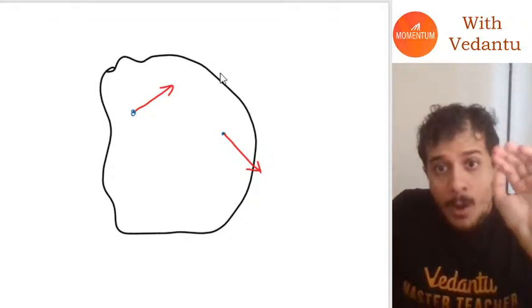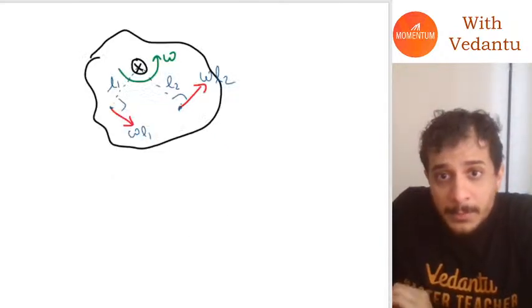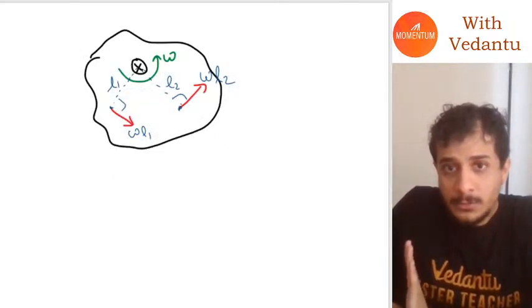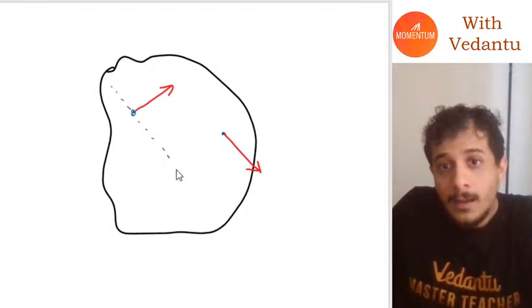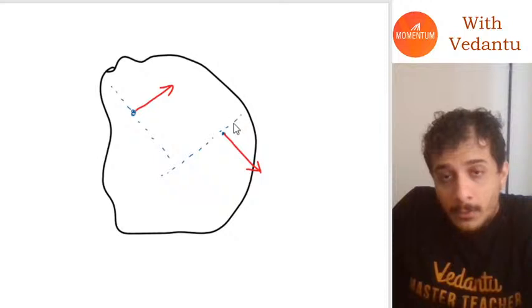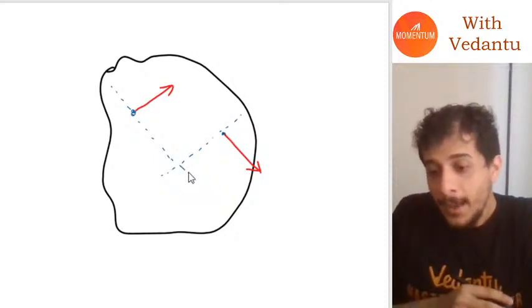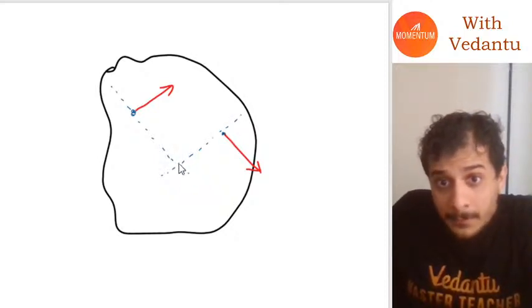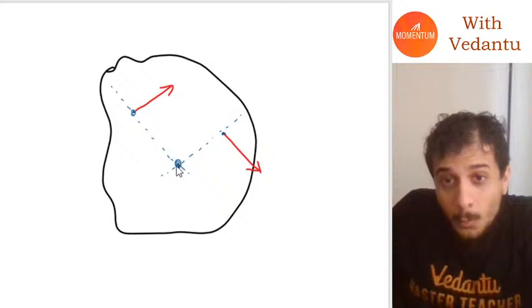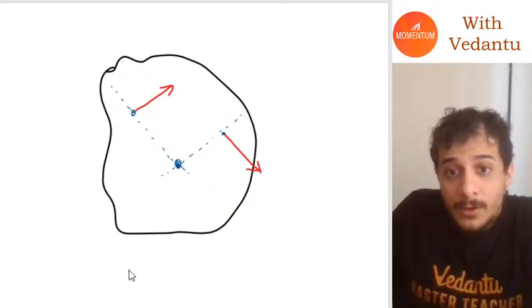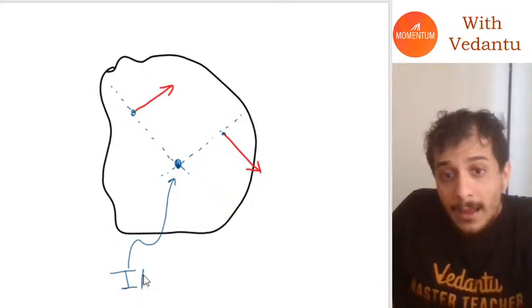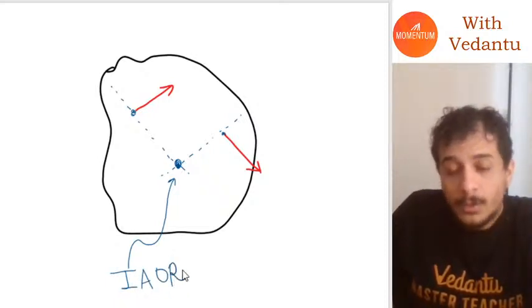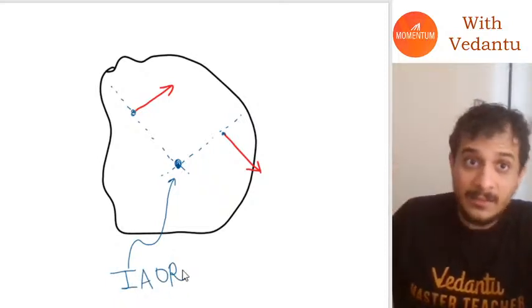Now, if you compare this to the previous diagram, what I will do here is draw a perpendicular here and a perpendicular here. Wherever these perpendiculars intersect, I will call this an instantaneous axis of rotation.